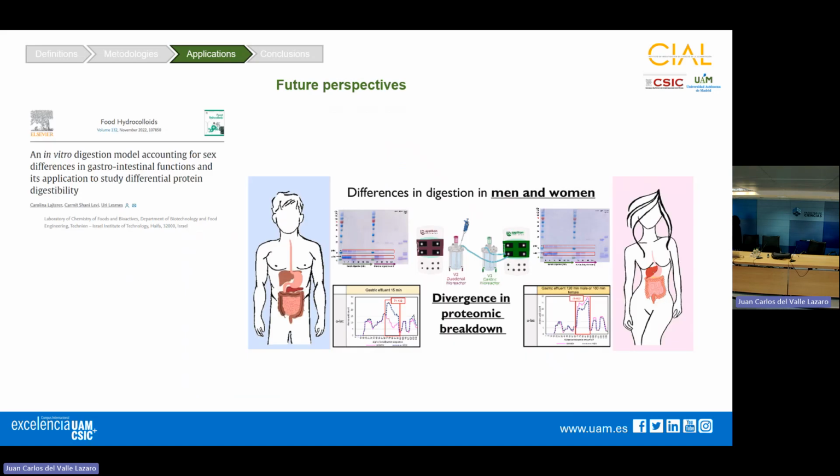Just to add an extra difficulty, it is interesting as well to look at gender differences in digestion, because I'm not an expert on this. I haven't tried different protocols for that, but it's also something of interest in the research community. And there are differences in, for example, protein digestion, and it was published in this paper a couple of years ago.